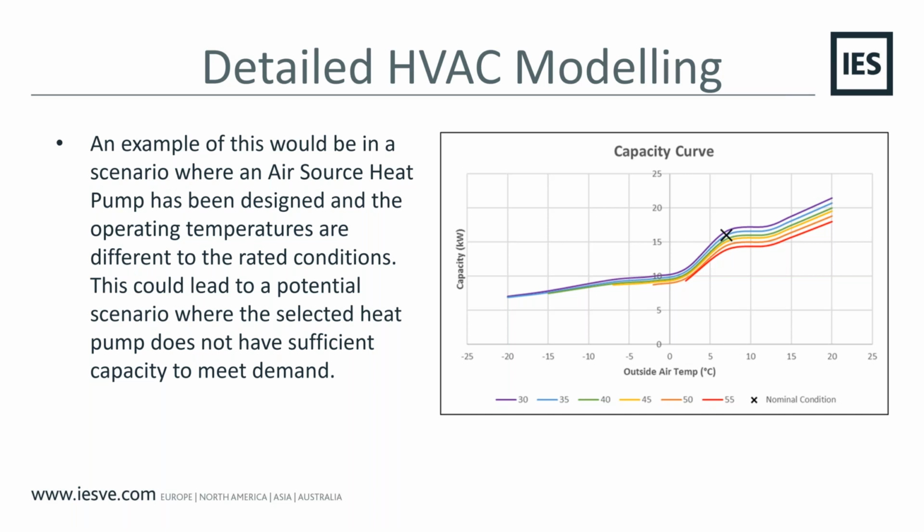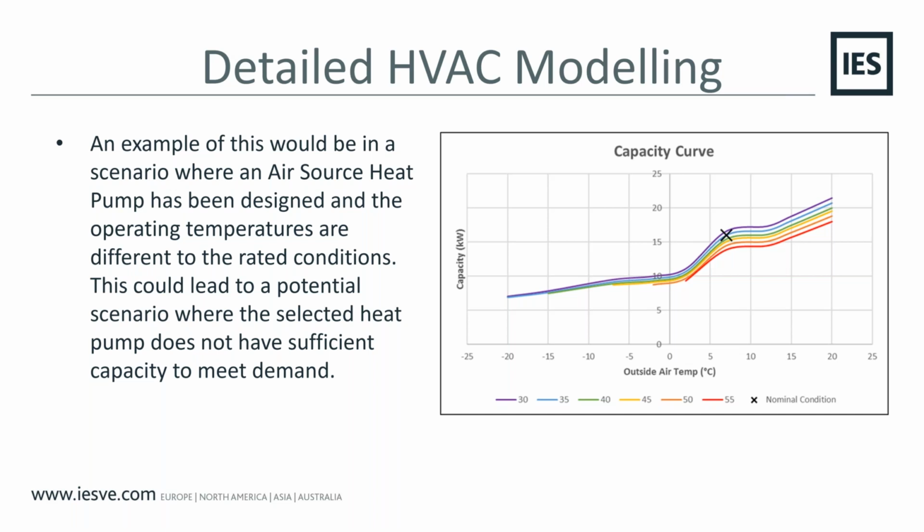One other example where we can utilize an operational model to potentially identify issues would be with an air source heat pump solution. Now, air source heat pumps are becoming increasingly popular as the electrical grid continues to decarbonize, making heat pumps generally a good solution for a low carbon design.